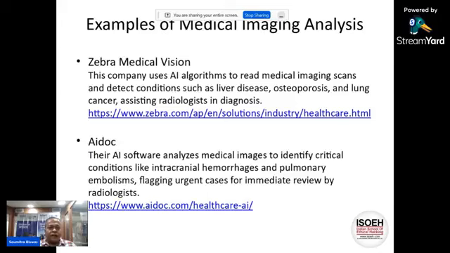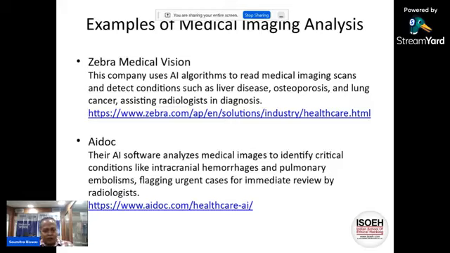Two examples, Zebra Medical Vision and Aidoc. Both these companies are using artificial intelligence algorithms. Zebra finds liver diseases, osteoporosis, lung diseases, and so on and so forth.